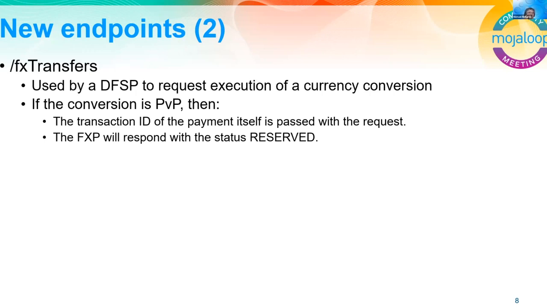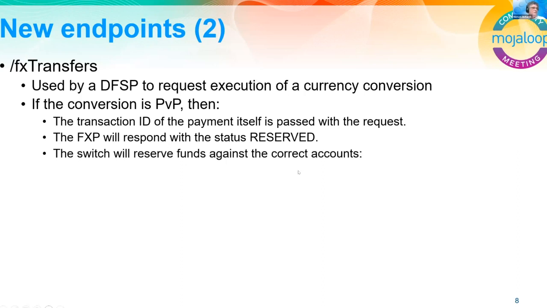This is analogous to the status that a DFSP responds with if it wants further notification from the switch as to whether the transfer has succeeded or failed. And the switch will then reserve funds against the correct accounts, and the correct accounts will be against the debtor DFSP in the source currency.